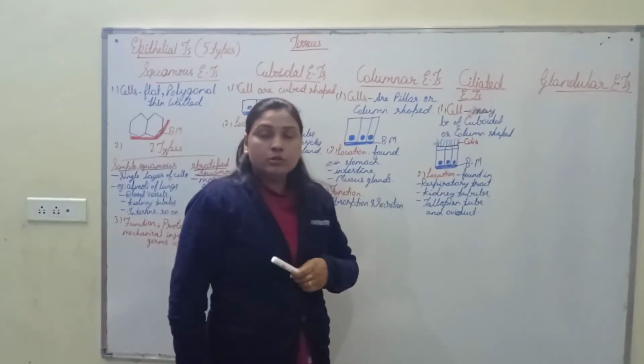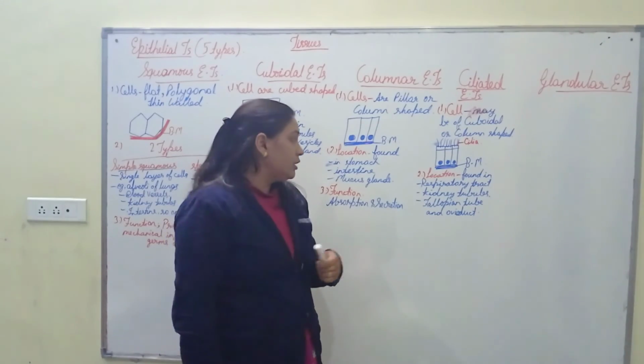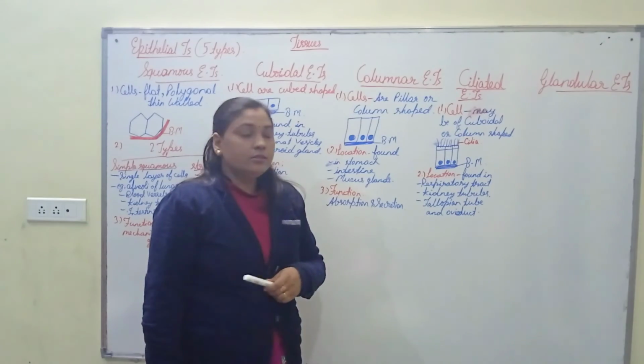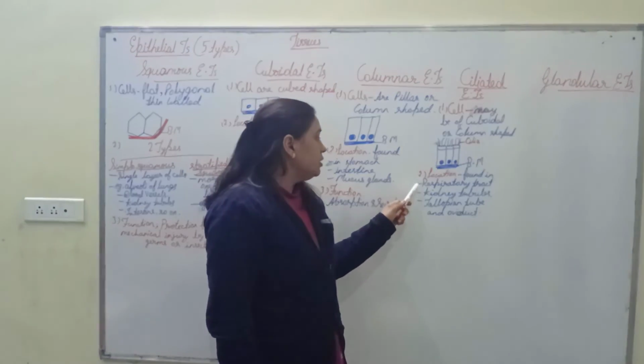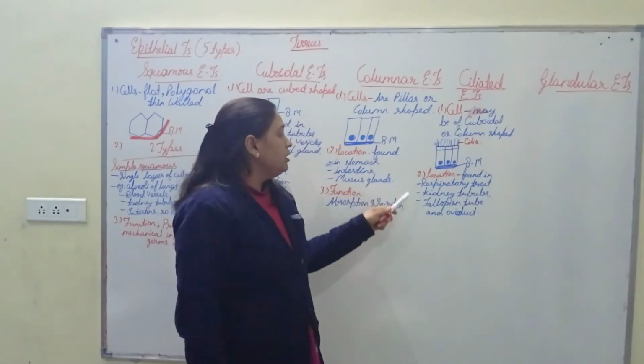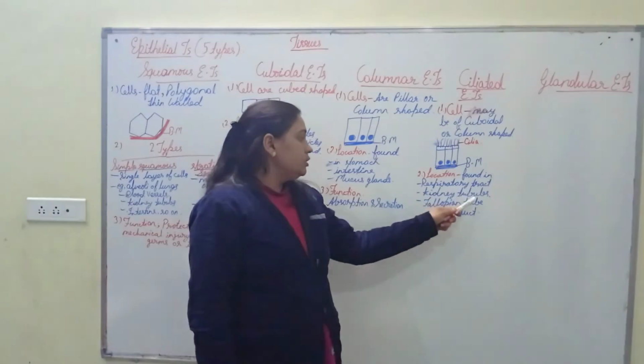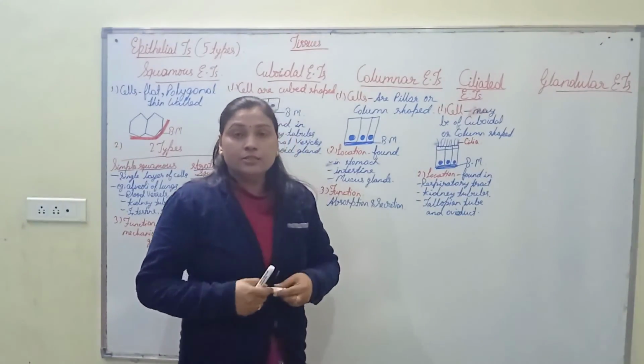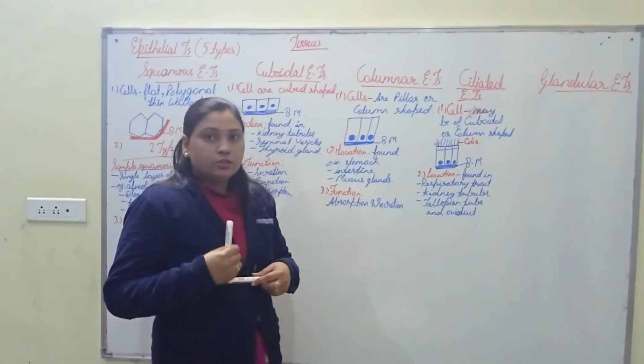In our nose also a few cilia or thread-like structures are present that trap dust particles, and similarly ciliated epithelium tissues are found in the kidney tubules, fallopian tube and oviduct, where there is movement of certain material.